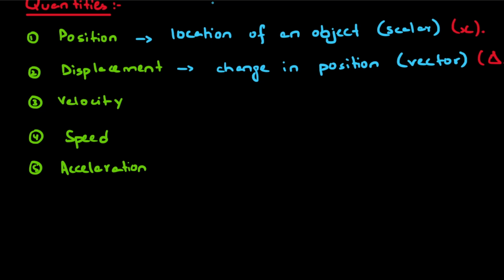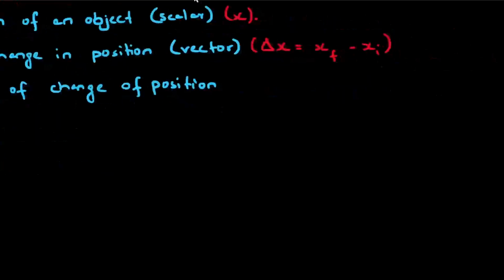Next up, we have velocity, which represents the rate of change of position of an object. This is also a vector quantity that is mathematically represented by v equals delta x over delta t, change in position with change in time.